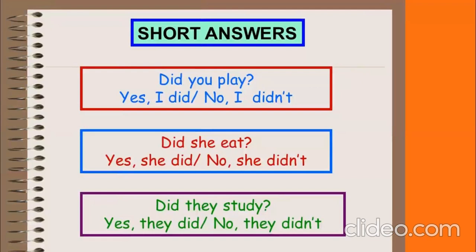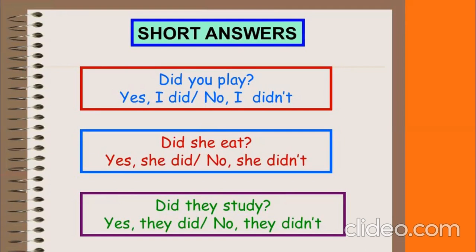So for those yes and no questions, we have short answers. For example, here it says, did you play? And the answers are, yes, I did, or no, I didn't. We have another one: did she eat? Yes, she did, or no, she didn't. And the third one says, did they study?